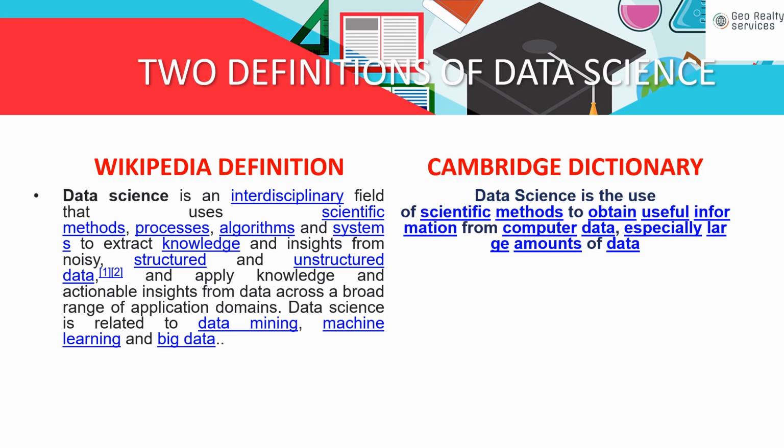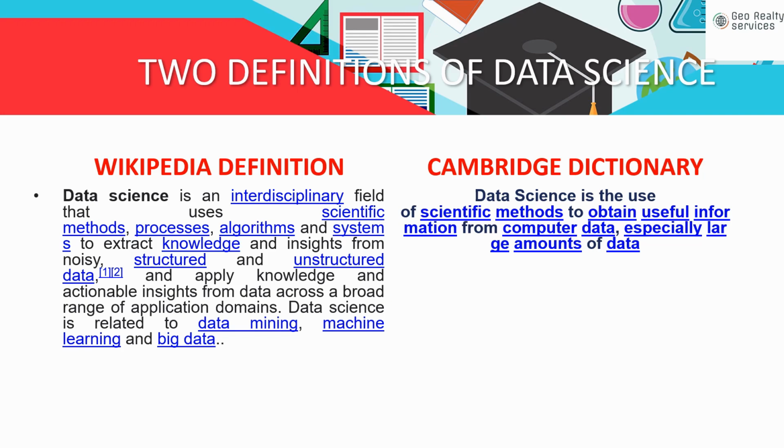Data science is related to data mining, machine learning, and big data. According to Cambridge Dictionary, data science is the use of scientific methods to obtain useful information from computer data, especially large amounts of data.